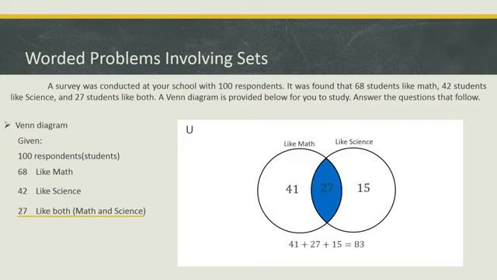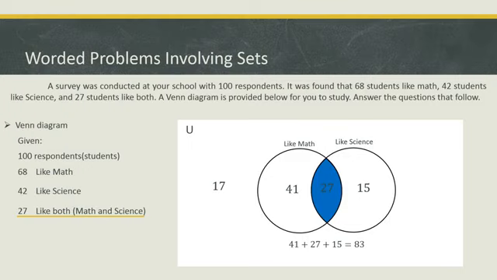Now, the question: Sir, why is it not 100? Why 83? Don't panic, because you can put 17 outside your circles. Meaning, 17 of the students do not like math, and they also do not like science. Okay? Maybe these 17 students like recess, or maybe they like English, Araling Panlipunan, okay?